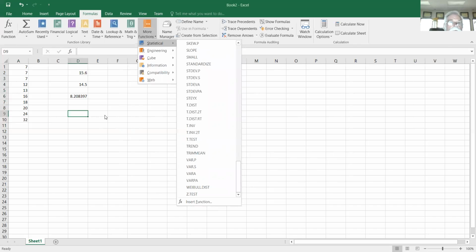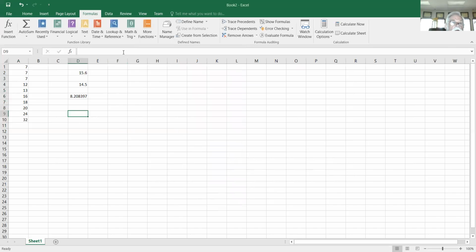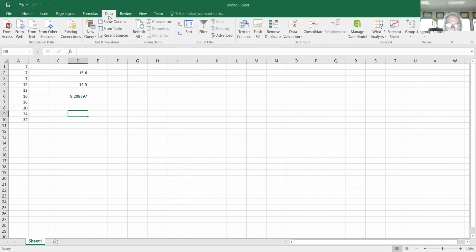Now, what was the other thing we're supposed to do? We're supposed to plot the data, right? Supposed to do a graph, right? Is that right? Okay, let's just see data.